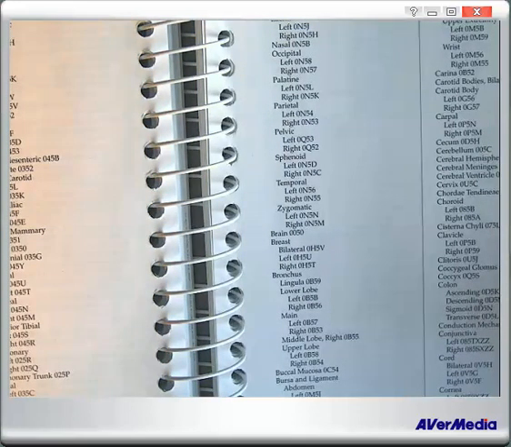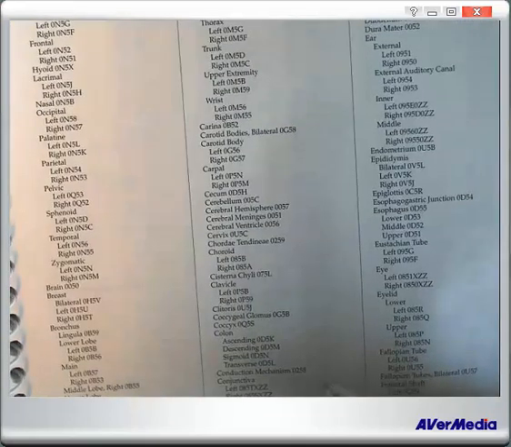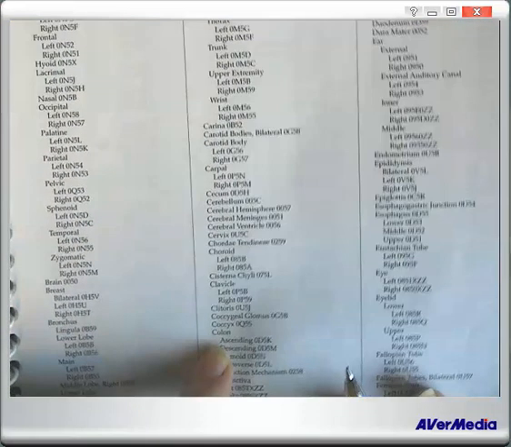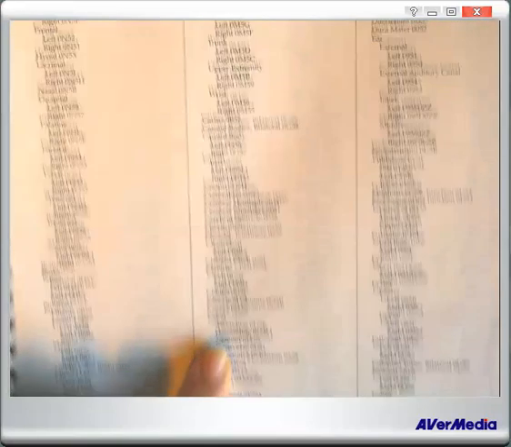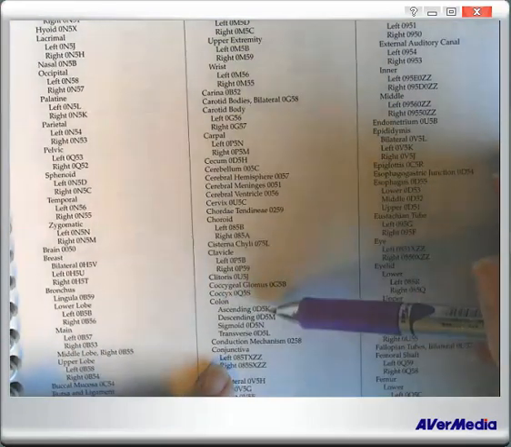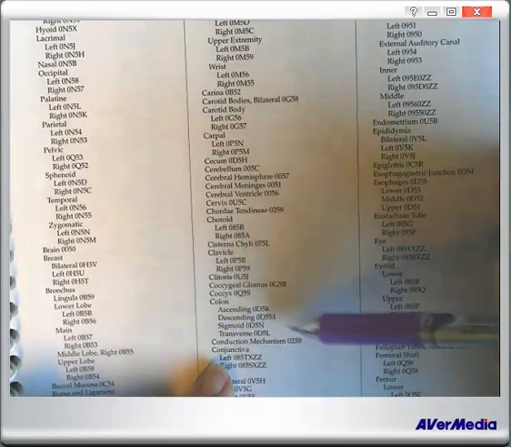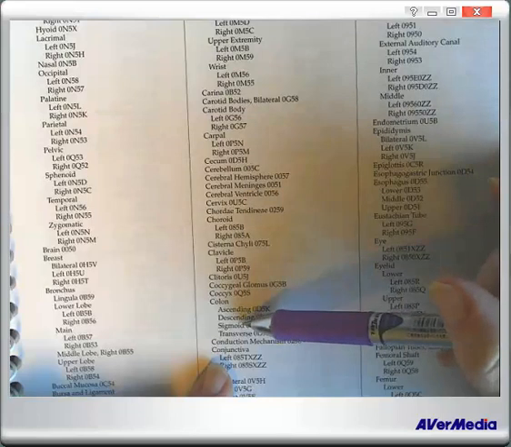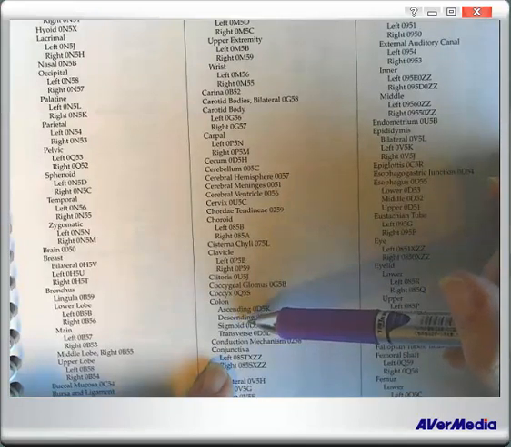So let's look for colon. Okay? And what do we have there? We have colon, ascending, descending, sigmoid, and transverse. And so for our sigmoid, we have 0D5N.